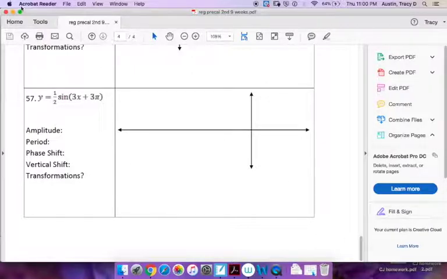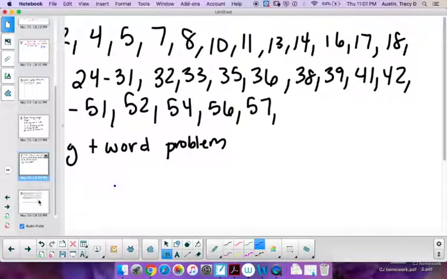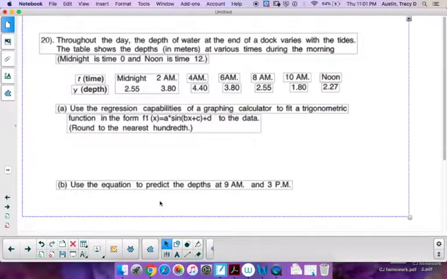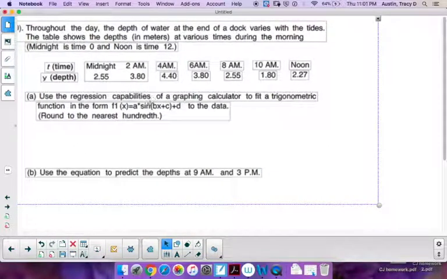The only other thing that you should be able to do, besides basically most of these first few pages, is the trig word problem. The trig word problem I'm talking about is this one, where it talks about the depth of the water throughout the day. Okay, and it has the times, and this is very, very similar to a question that was on your test, and very, very similar to questions that were in your homeworks.